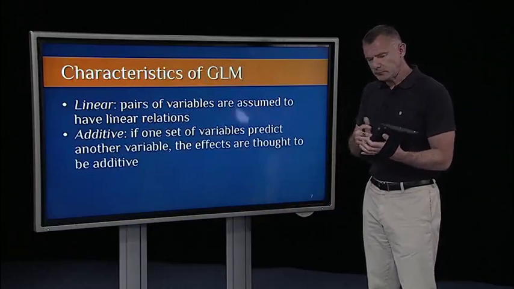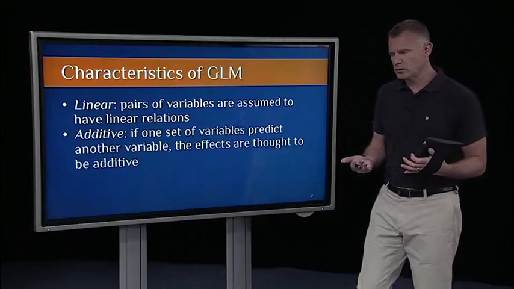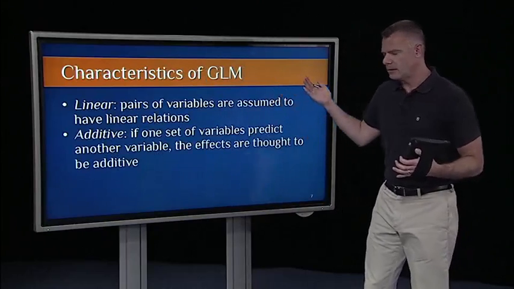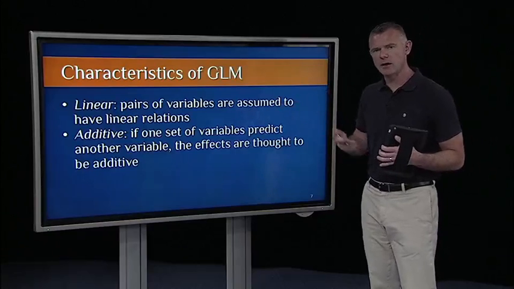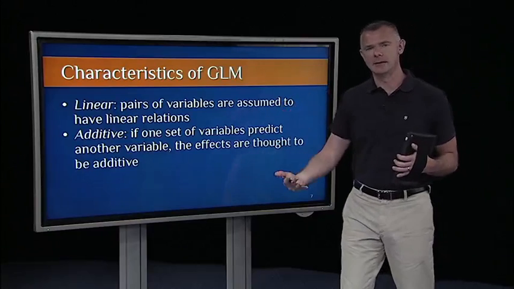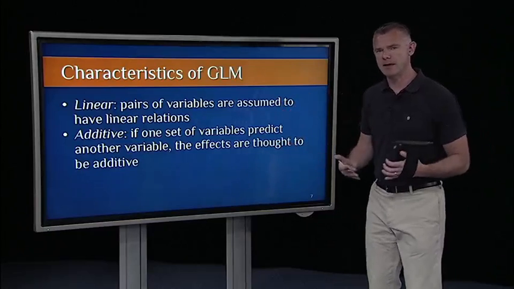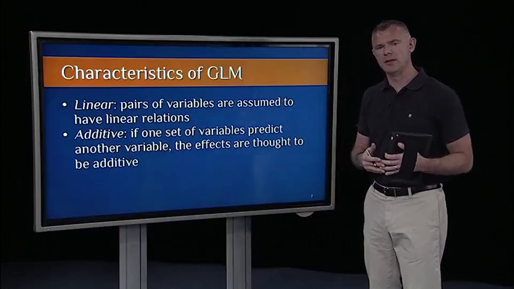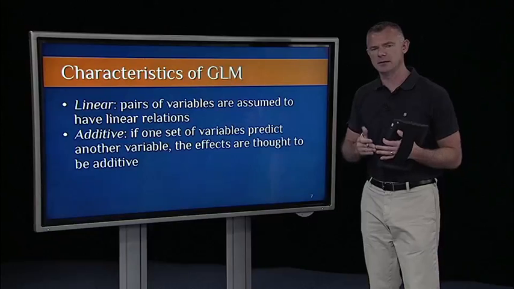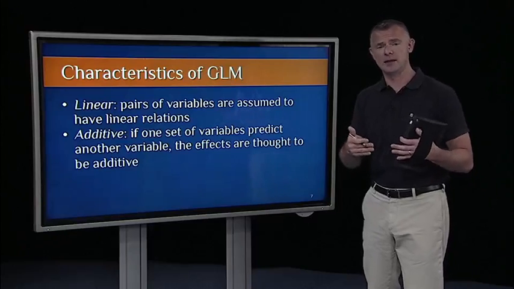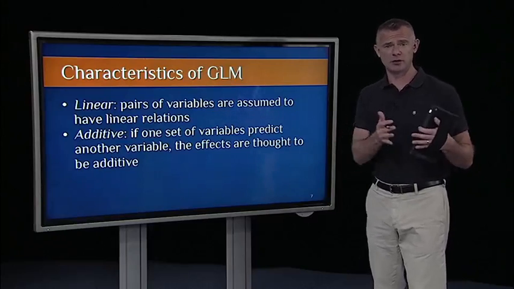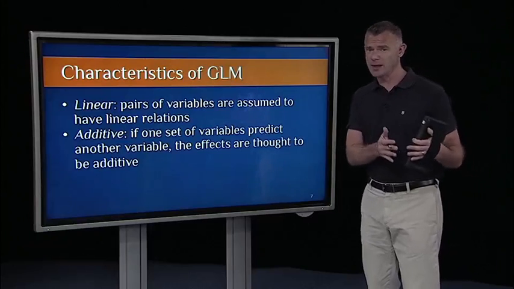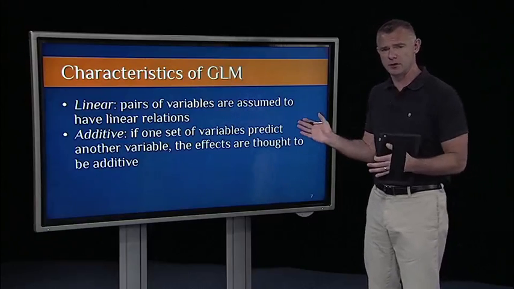The main assumptions, of course, were that the relationship between the predictors and the outcome were linear and that they were additive. Right? That's the main gist of the GLM. And we covered that in the context of multiple regression and then again in ANOVA. Remember, ANOVA is just a special case of regression, a special case of the GLM where the predictors are orthogonal.